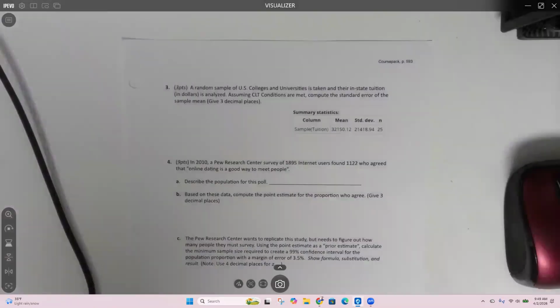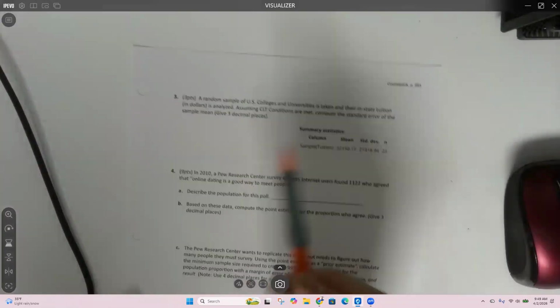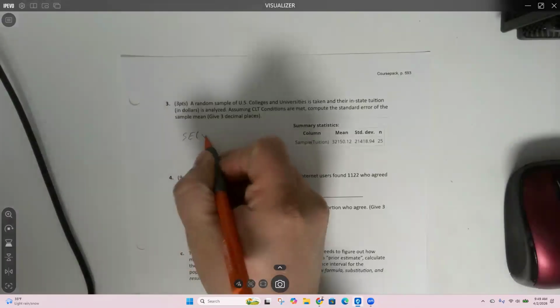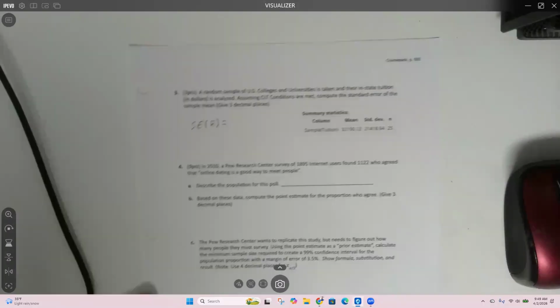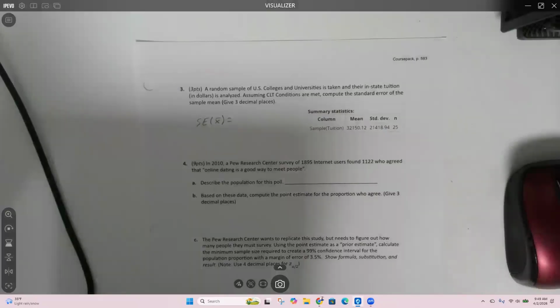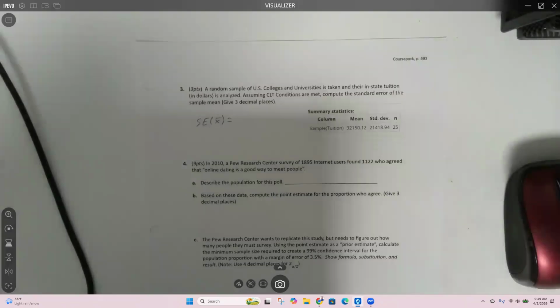Page 593. A random sample of US colleges is taken, and in-state tuition is here. Assuming the central limit theorem conditions are met, compute the standard error of the sample mean. Standard error, that was the s over root n formula, the standard error of x bar. Does anybody remember where to find that? There's some formula for that.